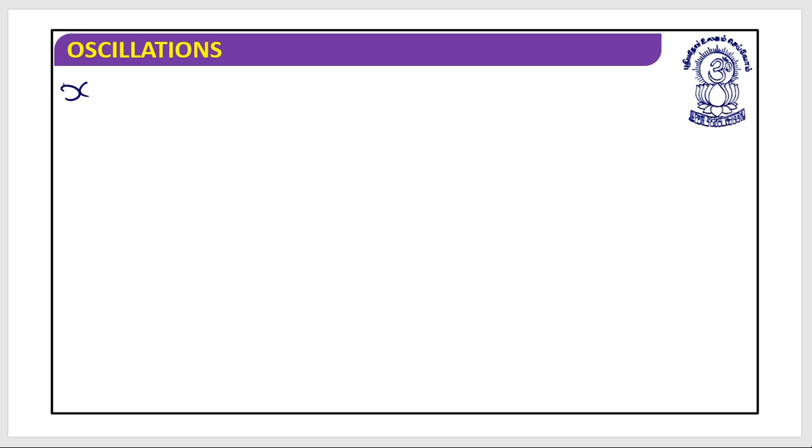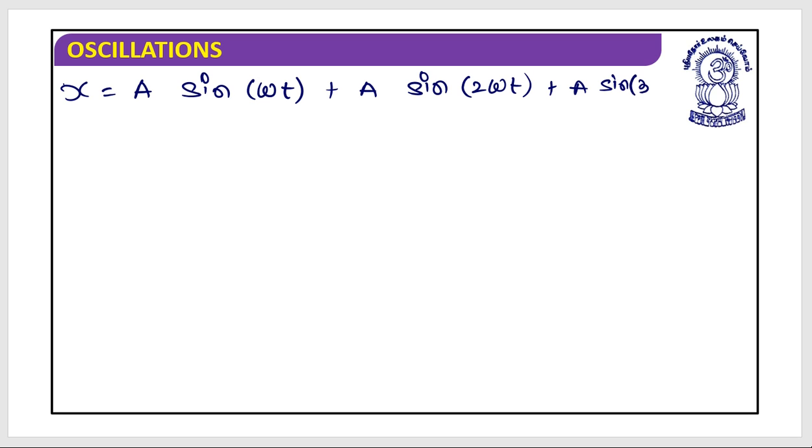x equals a sin ωt plus a sin 2ωt plus a sin 3ωt. Find the time period of the given function.